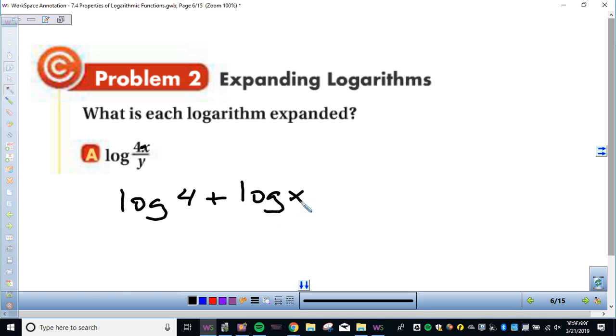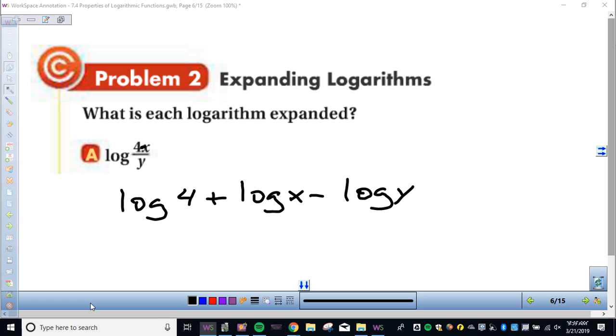And then it's divided by y. So what's minus? Good. So minus log y. So we're expanding it now instead of simplifying, I guess is what you call that. Okay, and you're done. You can't do anything else.